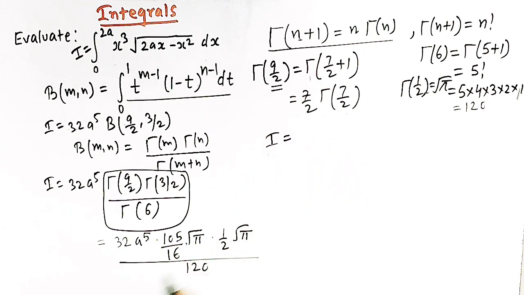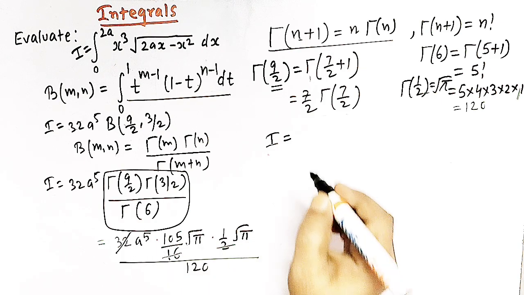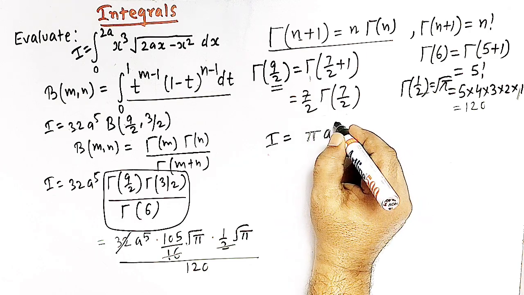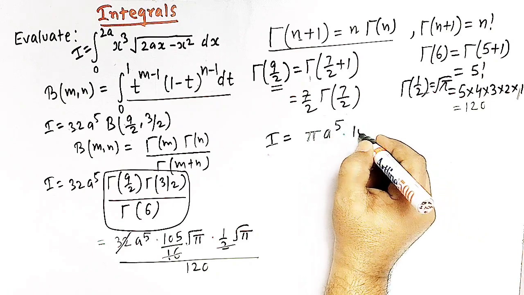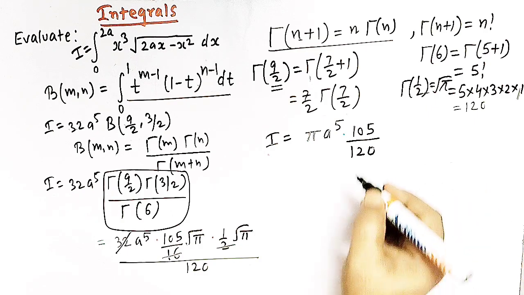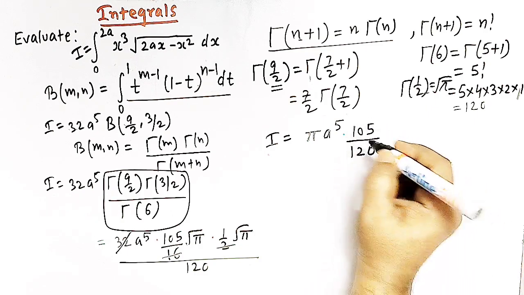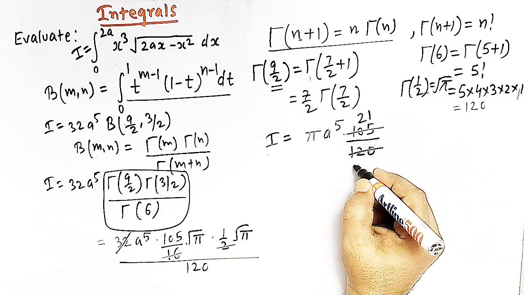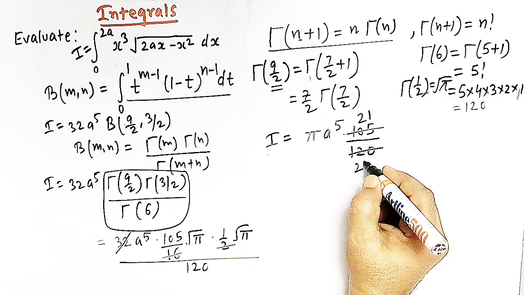So we have here 16 times 2 is 32. So here these terms get cancelled, and here we have a raised to 5, and square root of pi times square root of pi is pi. So we have here pi times a raised to 5, and here we have 105 over 120, right? So let us simplify this term. So we have here 5 times 2 is 10, this is 1. This is 5 times 2 is 10, this is 4.